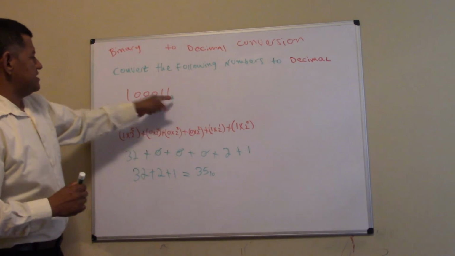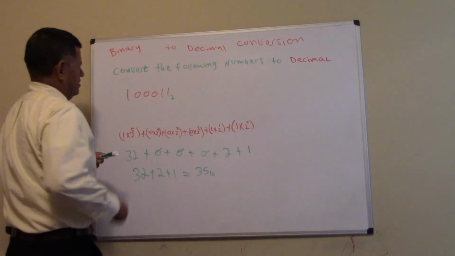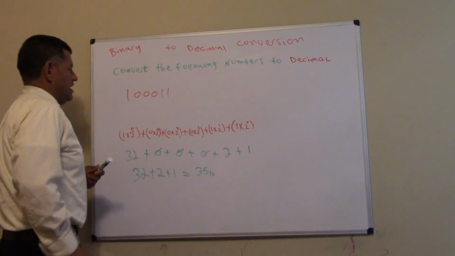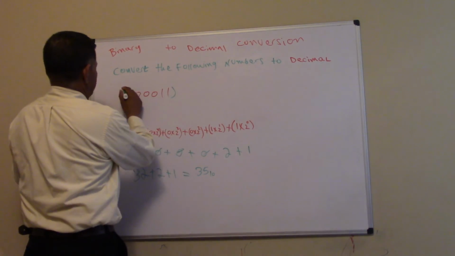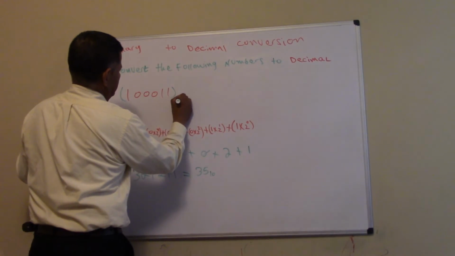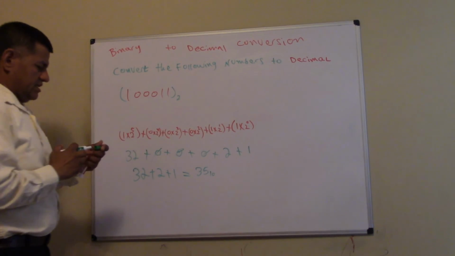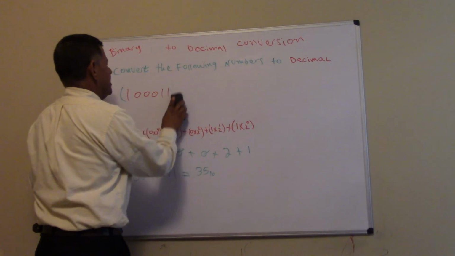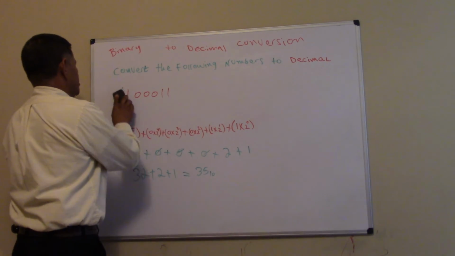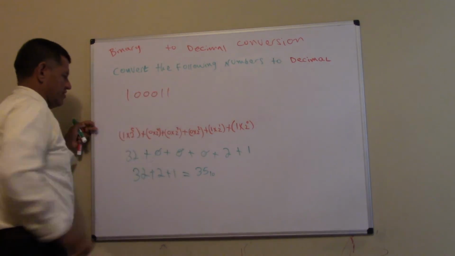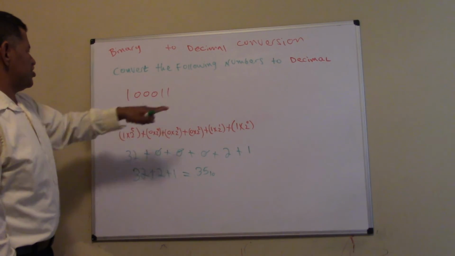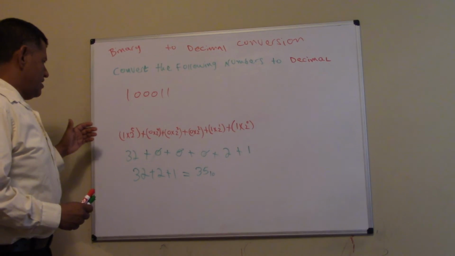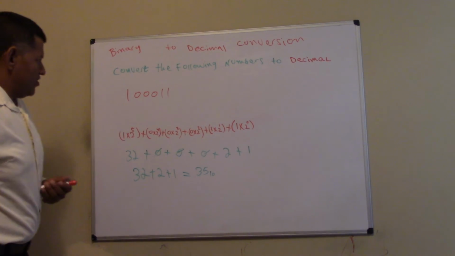Sometimes they put a parenthesis and write it like this, with a base 2 here. Either way, it doesn't matter. A lot of textbooks do the base 2. Some textbooks don't, just binary. When you get ones and a bunch of zeros like this, it's a binary number. Okay, so that is that number.